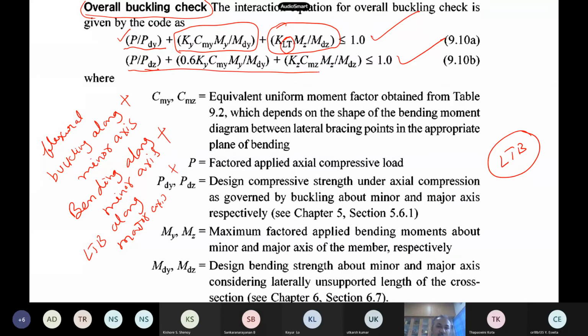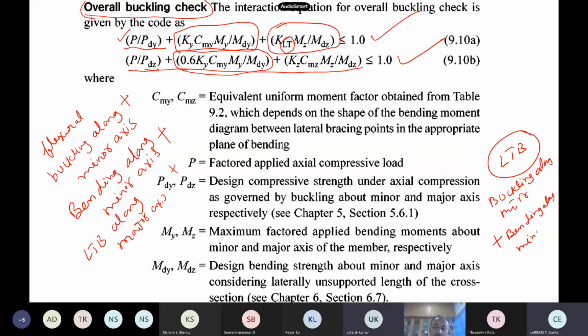Now we have a second equation also. In the second equation, the first term tells you buckling along which axis? Major axis. Plus, the second term is bending along which axis? Minor.